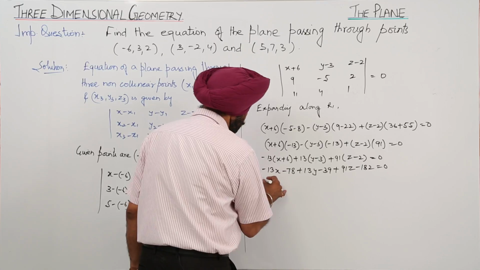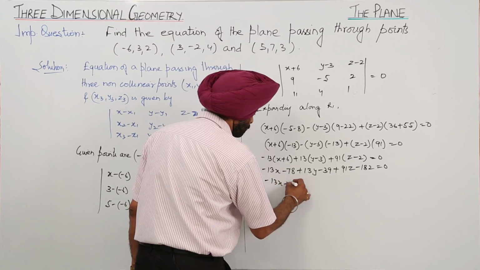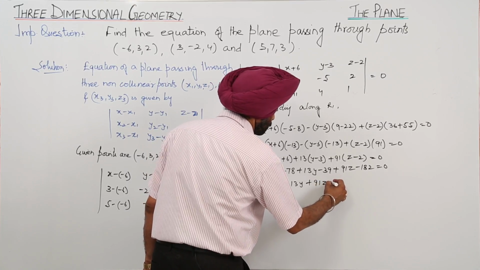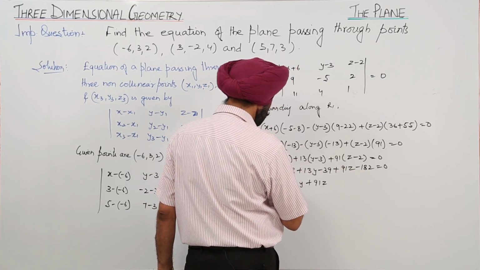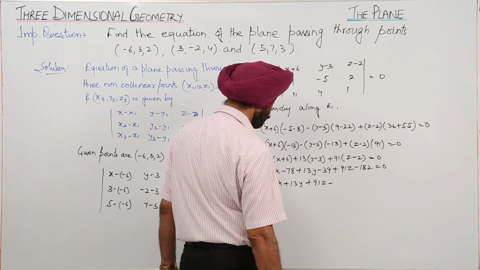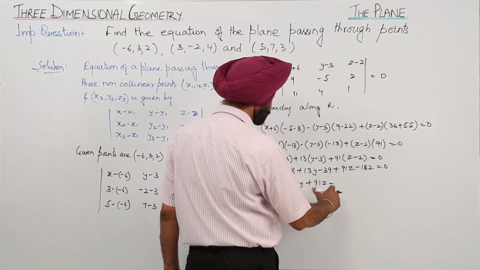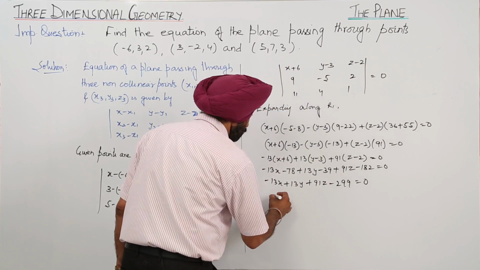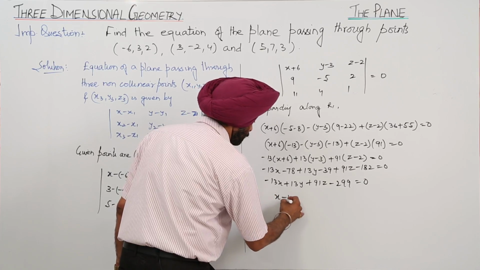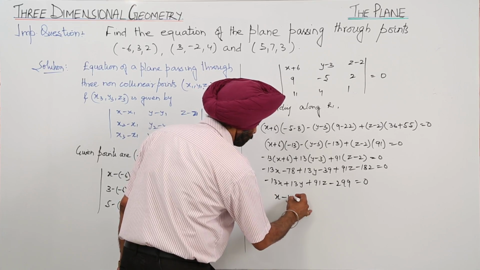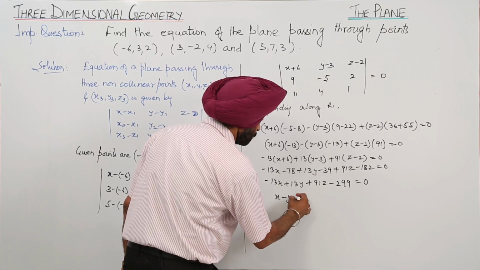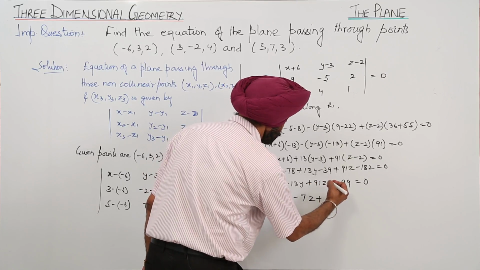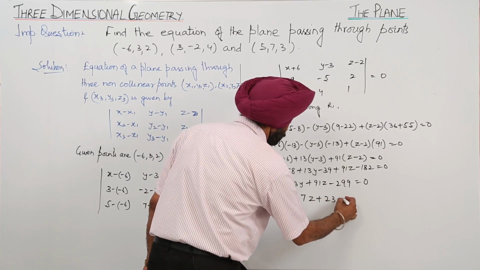Now, negative of 13x plus 13y plus 91z, negative of 182, all are negative. So negative of 299 is equal to 0, or this can be written as x minus y minus 7z plus 23 is equal to 0.